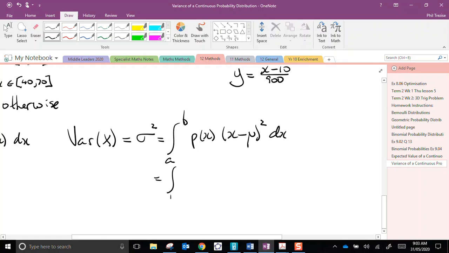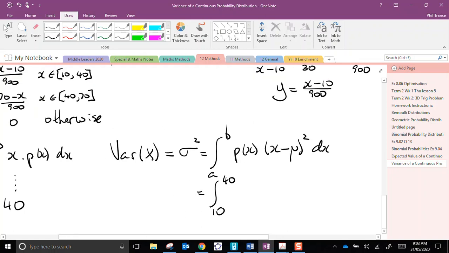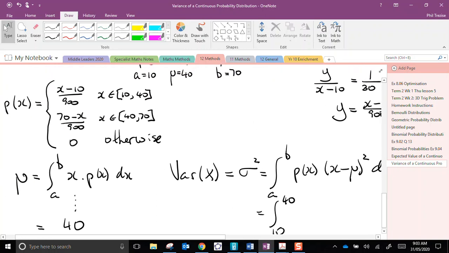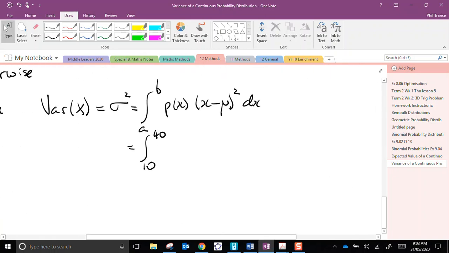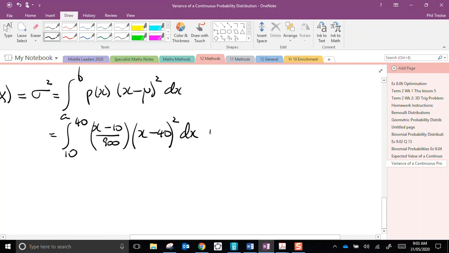Now, our lower limit was 10, but we can only go as far as 40 using our first function, x minus 10 over 900. All of this is multiplied by (x minus 40) squared dx.